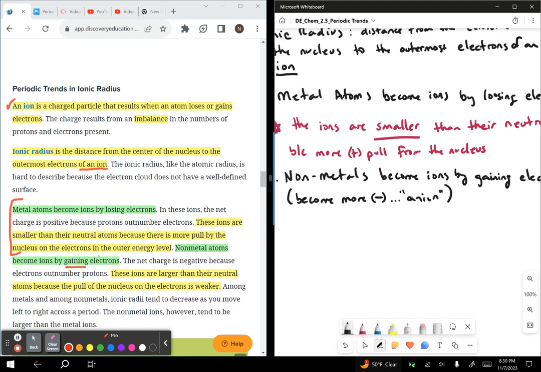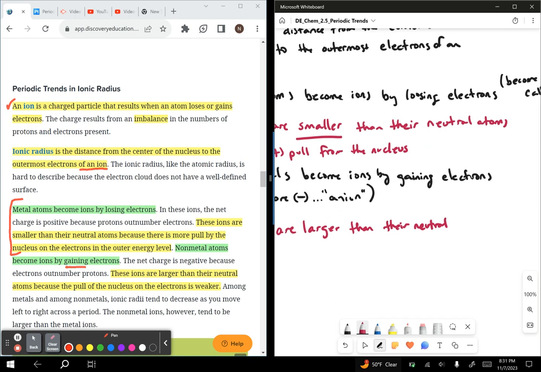Now, about size, speaking of, these ions of non-metals are larger than their neutral atoms because the pull of the nucleus on the electrons is weaker. Why is that?